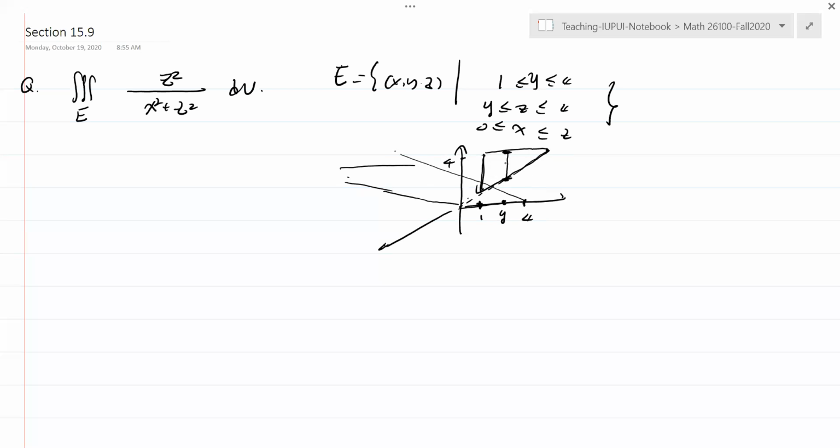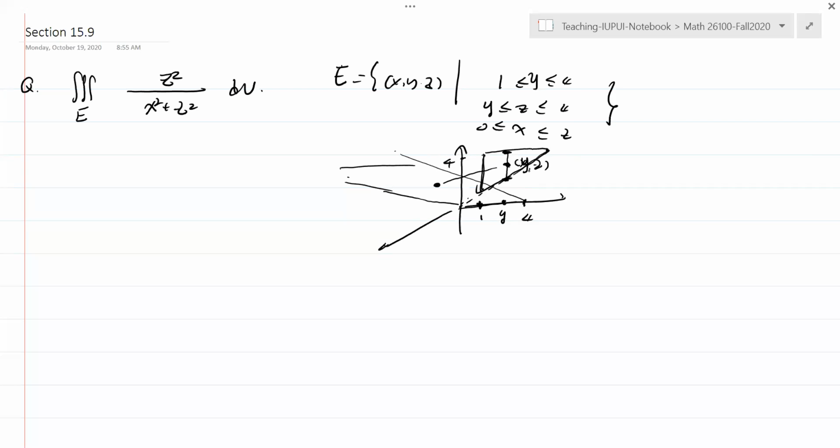For any point in this triangle, I call it D, for example, for any point x, y, and z, your x value is determined by z.